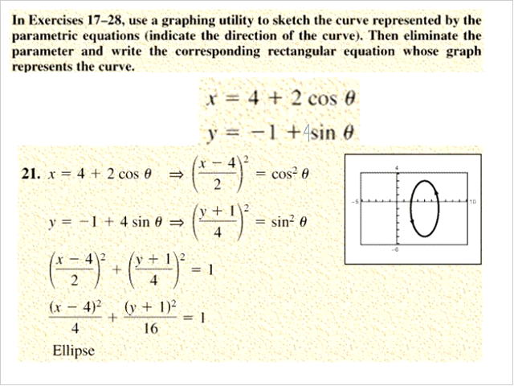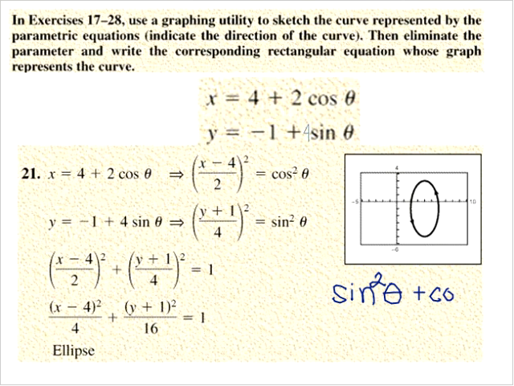For our next one, it's a little bit more tricky when we're dealing with trig. What we need to do is remember our identities. If I'm dealing with cosine and sine, I want to be able to get those by themselves because I know that sine squared plus cosine squared equals 1. That's the Pythagorean identity that I am thinking of for this trigonometric equation.